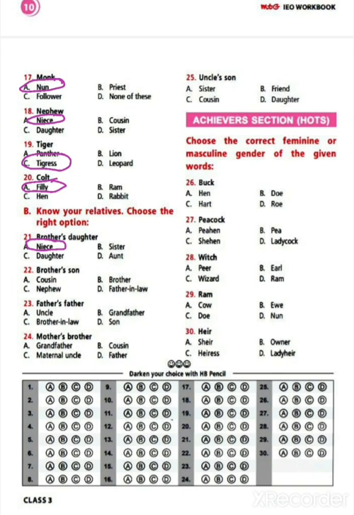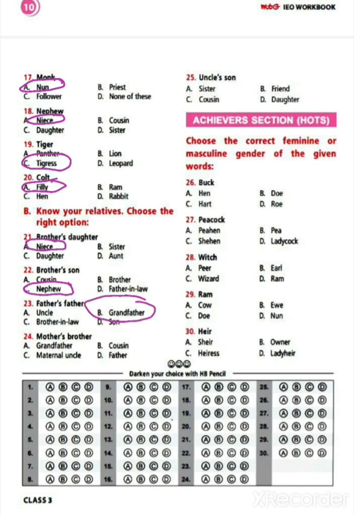Number 22, brother's son will be C, nephew. 23, father's father will be B, grandfather.